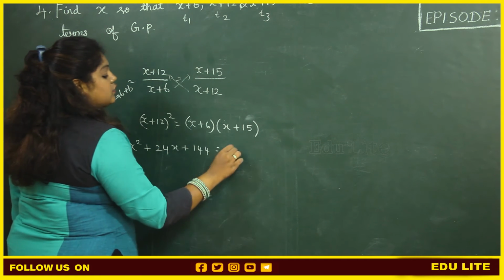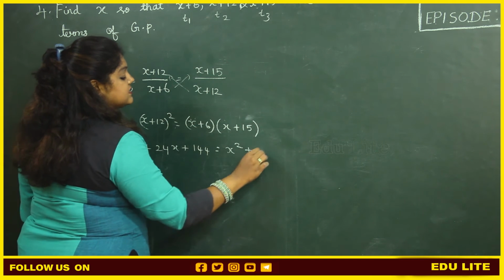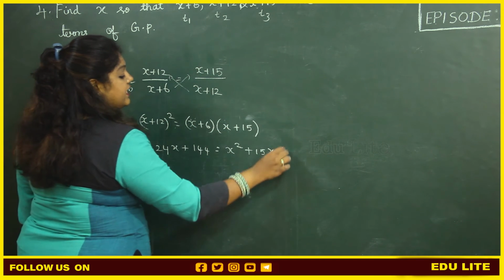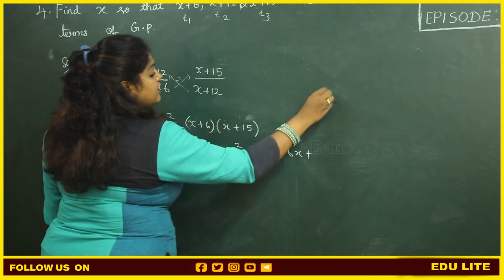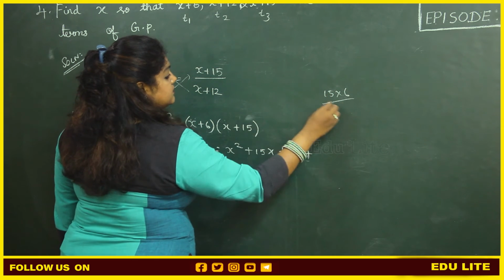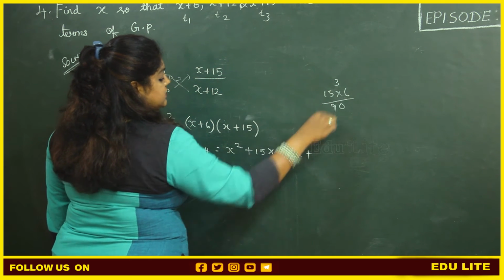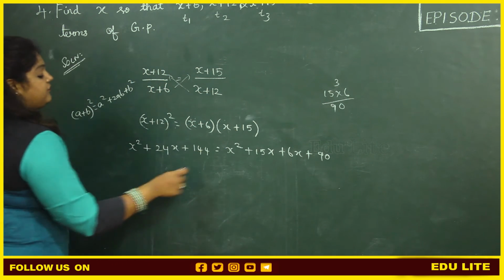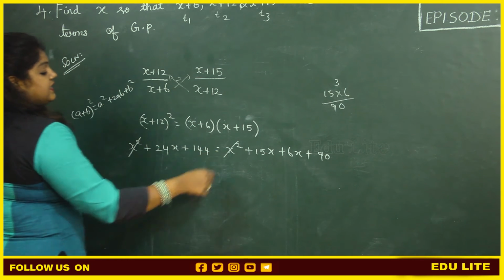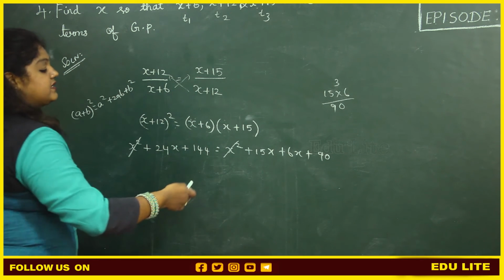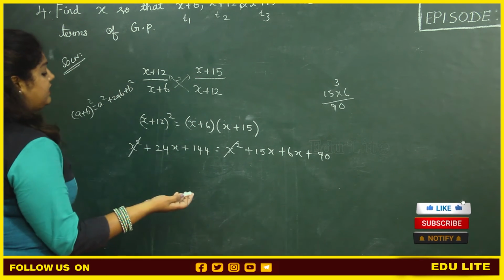Next is x square plus 15x plus 6x plus 15 into 6, it is 90. So let us simplify. X square will get cancelled, because if I take one x square to the other side, it will become minus x square, therefore we can directly cancel.